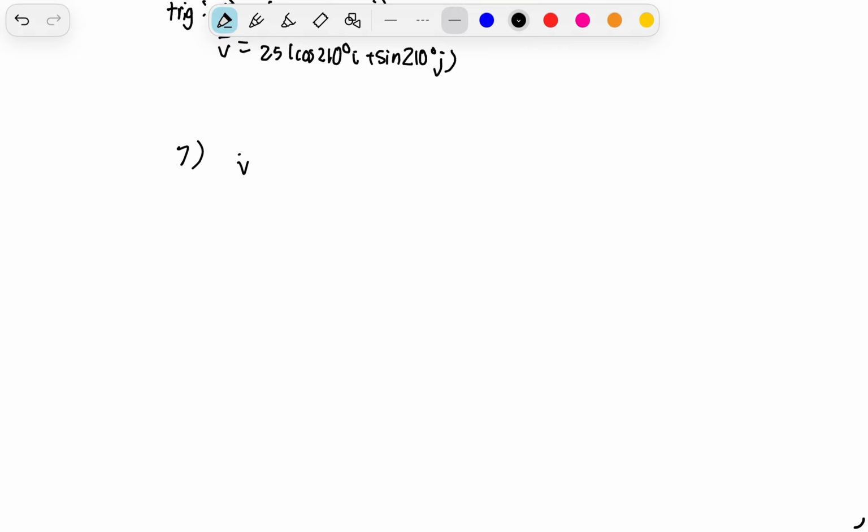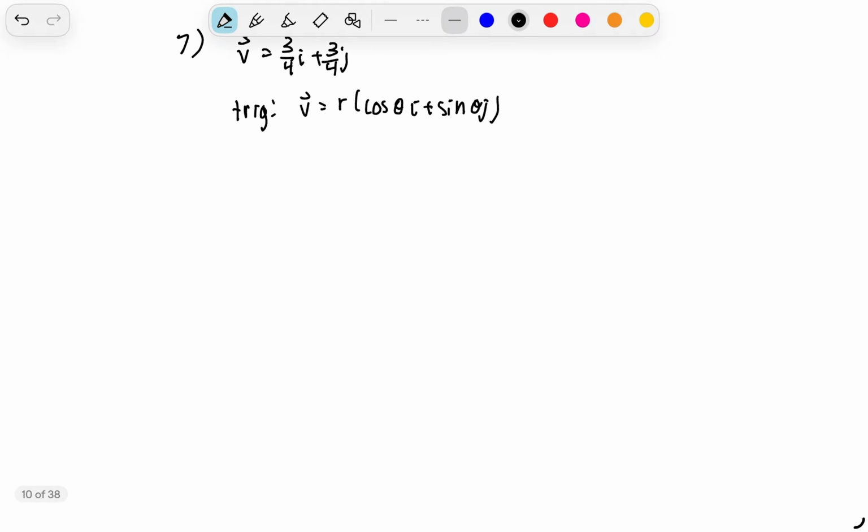Now let's say we have a vector 3 over 4 i plus 3 over 4 j, and we want to find the trig form. So that means that we want the vector in the form r cosine theta i plus sine theta j. So we need to find magnitude r and also the angle theta.